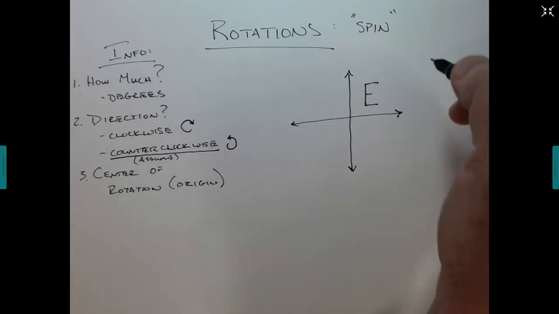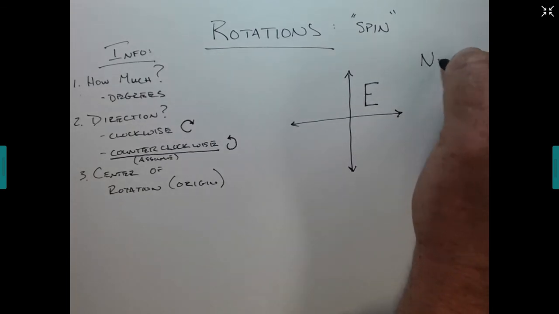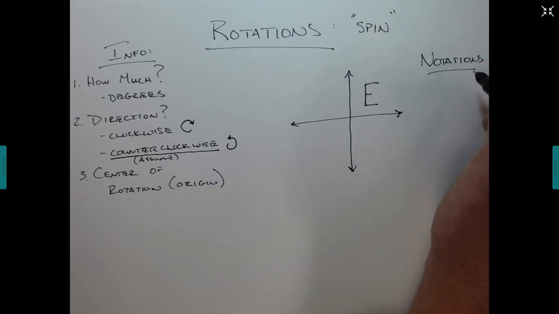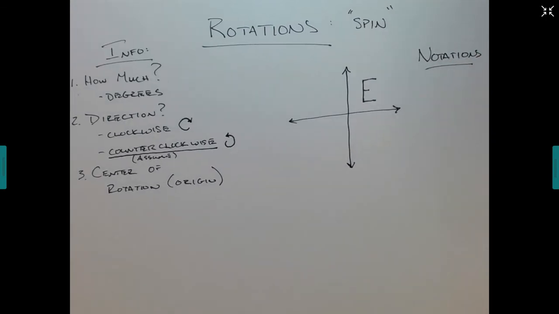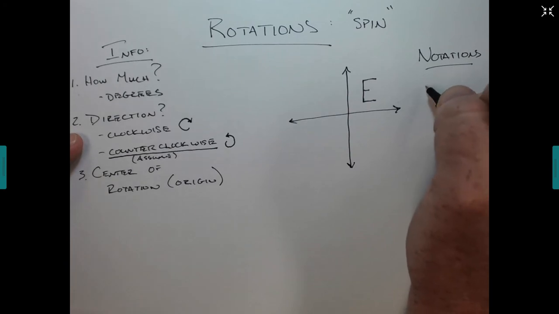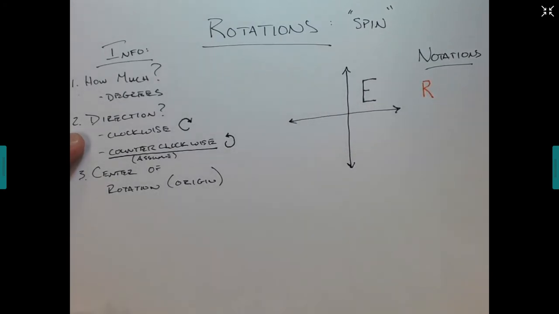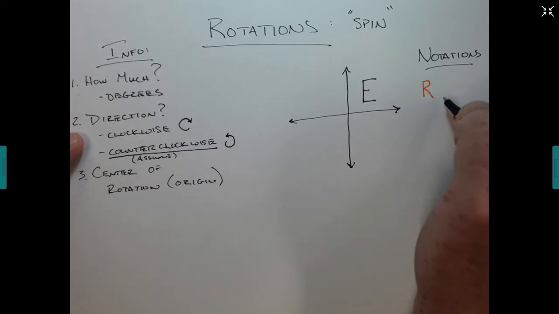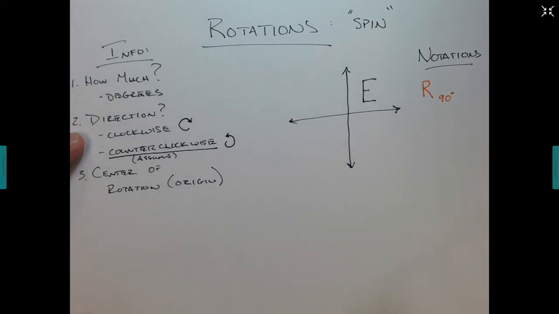And here would be some notations. All right. So the way we would notate, I would use a capital letter R because the lowercase r is already used for reflections. But if I wanted to rotate, then we would use a subscript to say how many degrees we would like to rotate.